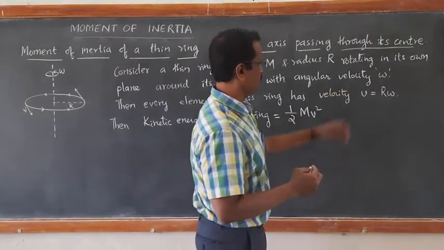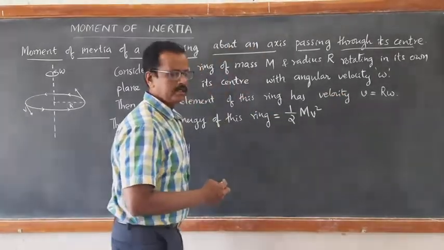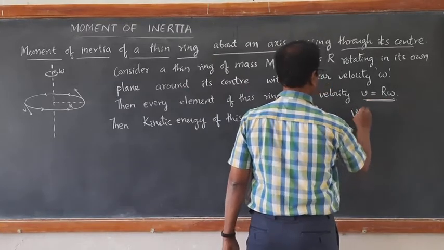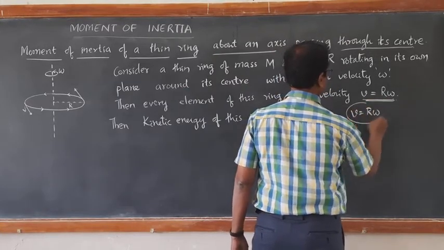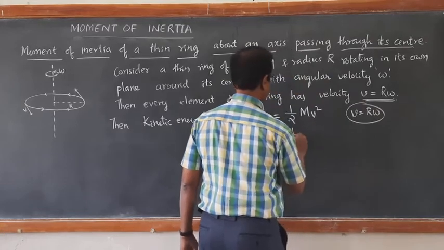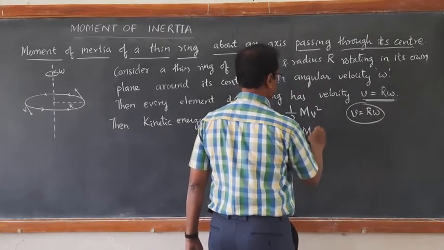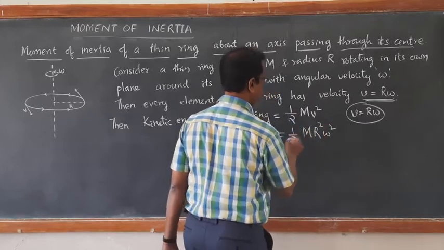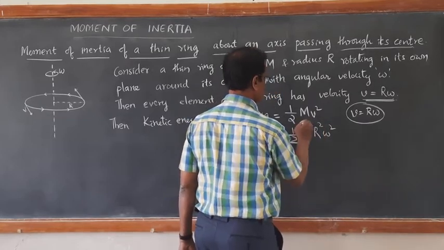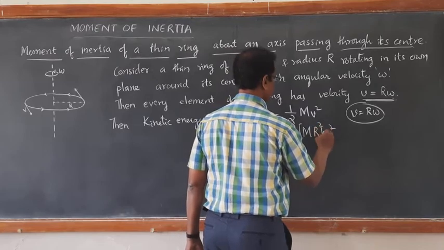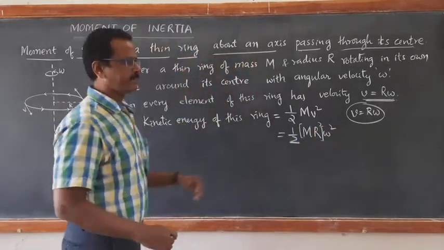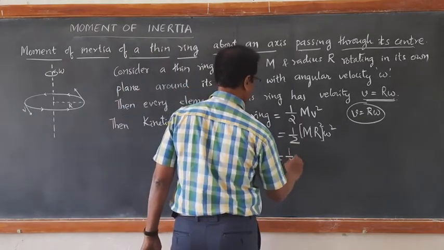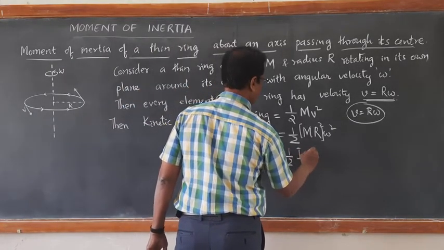If we substitute the value of v equal to r omega, then we get half M r square omega square. If you put this M r square in a square bracket, it can be replaced as half I omega square.